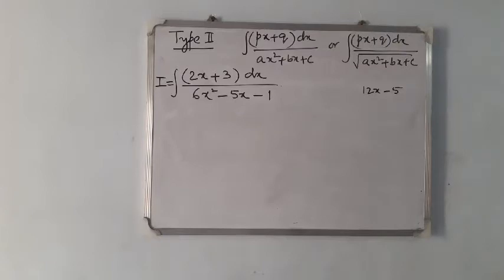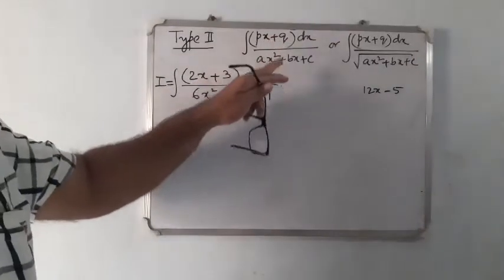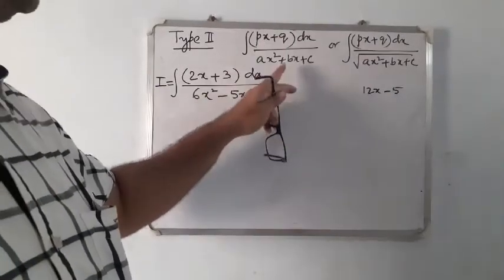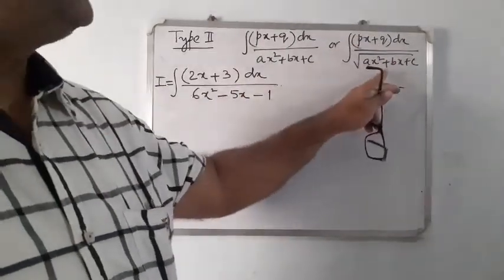Now, in type 2, we have a linear function in numerator, and in denominator we have a quadratic function. Linear by quadratic. Linear by root quadratic.